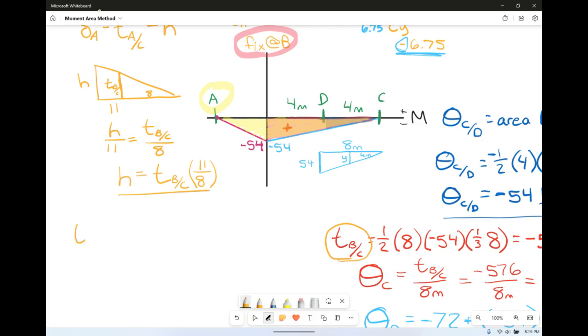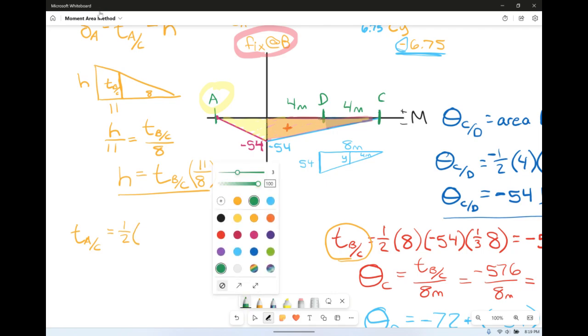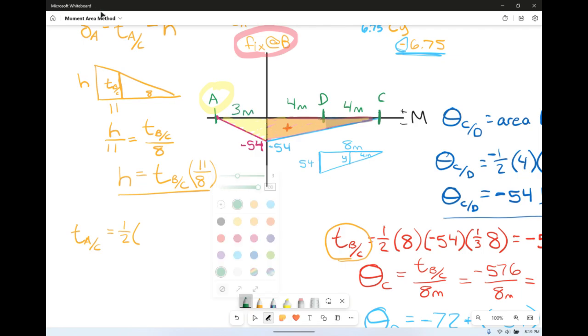So for the vertical deviation of A with respect to C, we have the moment of the area under the curve. We're going to go again left to right. We have 1/2, the base of the first one is 3 meters, so 1/2 times 3 meters times the height, -54, times the distance from its centroid over to A, which is 2/3 the overall base of 3.